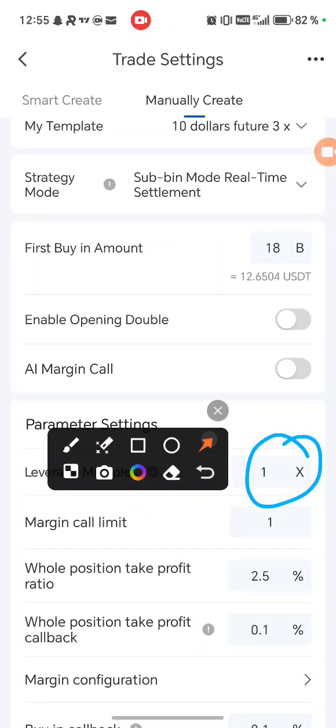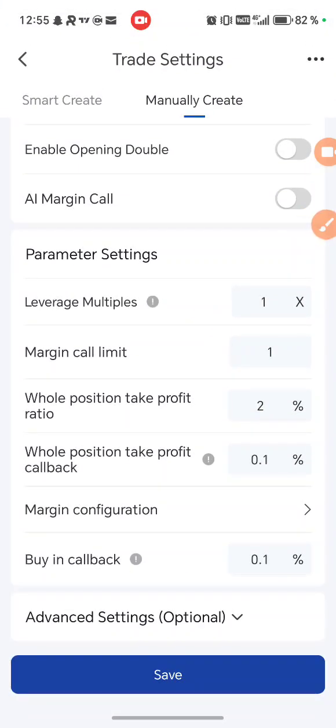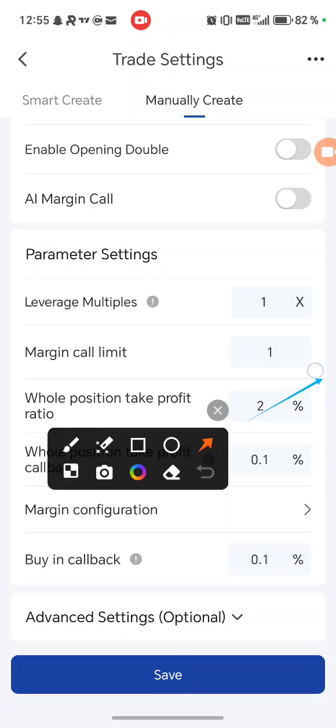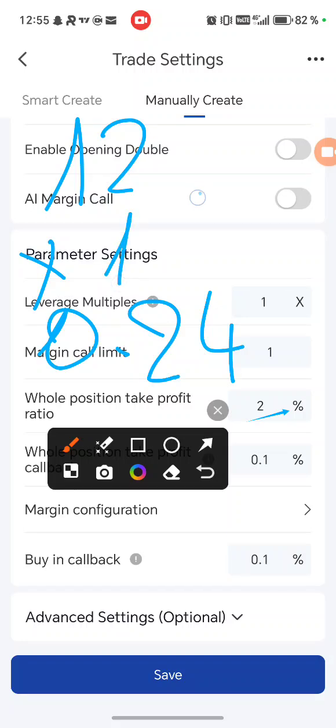So it means these $12 that I invest, if I want 2% or whatever percent it is, let me put 2% to make it clear for you. If I want 2% here, then the 2% will give me 0.24 cents, because it is $12 multiplied by 2, which is 24. 1% of $12 will give me 0.12 cents.